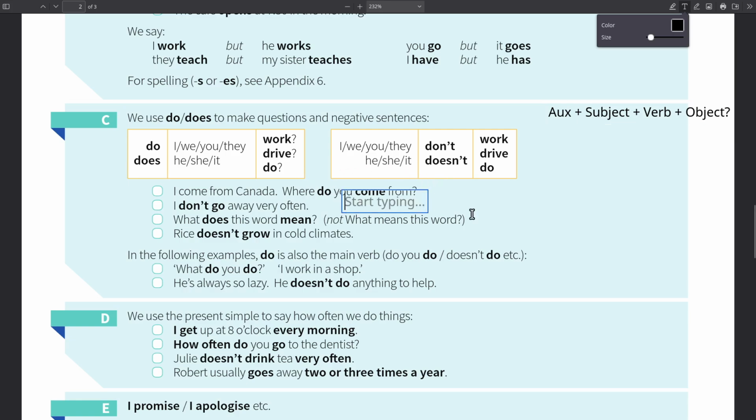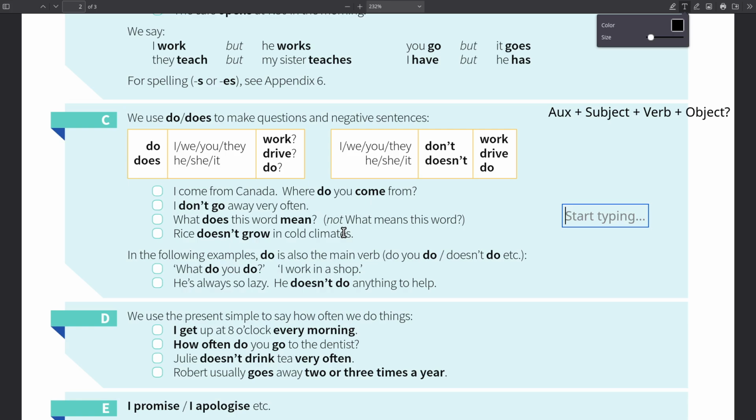Let's see some examples. For example, I come from Canada. Where do you come from? I come from Canada. Where do you come from? In this case, we are asking. That's called a double question, also known as an information question, because we are asking for a place, in this case, where.